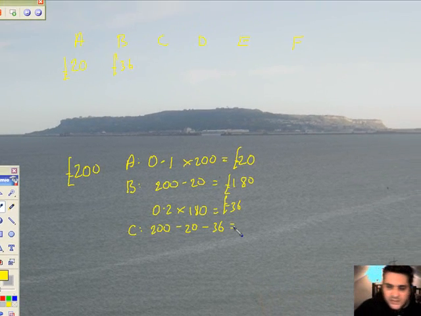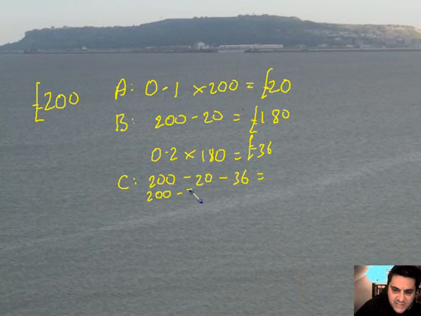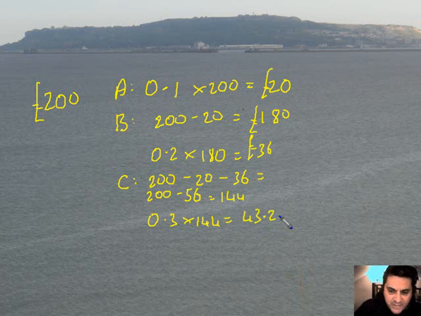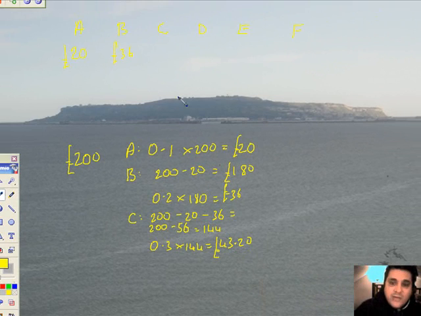That leaves us with £200 take away £56, which gives us £144. Carrie gets 30% of what's left, so as a multiplier, 0.3 times 144 gives us £43.20. Just follow it through with your calculator.